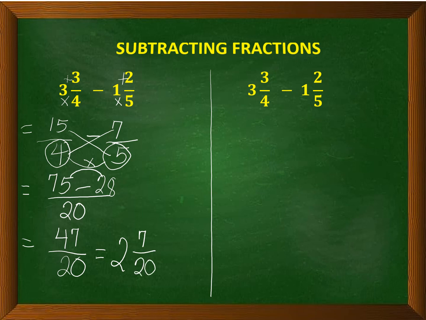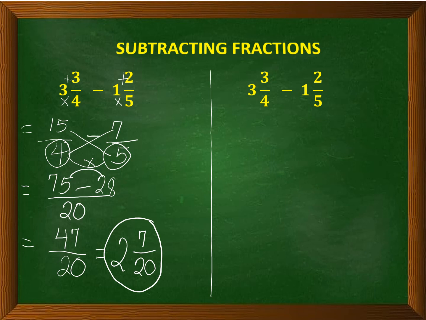All right. So 7/20 is in lowest term. So let's just check if our answer is correct. 20 times 2, 40 plus 7 is 47 over 20. So this is correct. Our final answer is 2 and 7/20.